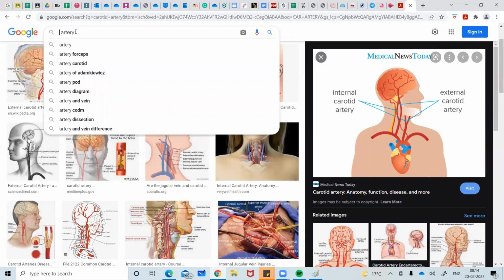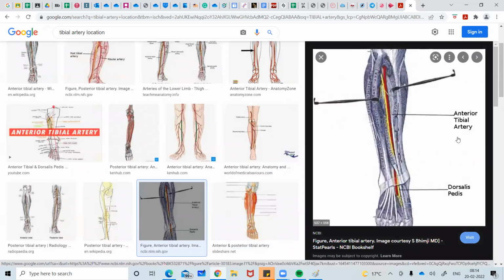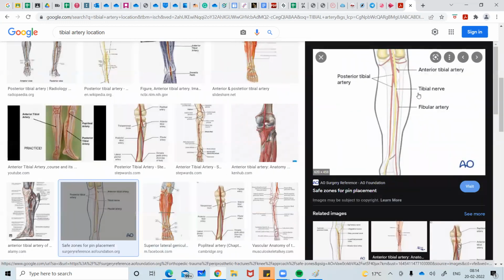Next is tibial artery. This is tibial artery. This is the leg region. I'll show you some other diagram. Yeah, this one, tibial. From the side you can feel this pulse. Next is dorsalis.